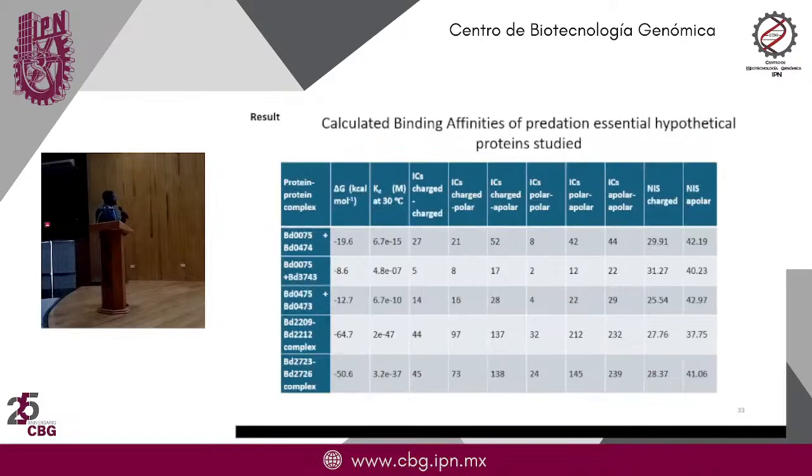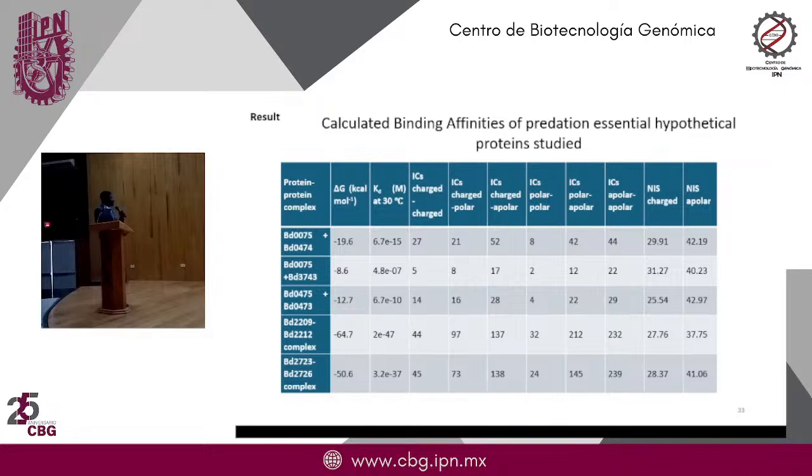Also, we calculated the binding affinities for the protein complexes and the protein interactions that we studied. A negative delta G binding affinity shows that the protein complex can readily come together. And these are high values that were calculated for 75 and 474 at -19. So this shows that this interaction is very possible, and requires less energy of formation.